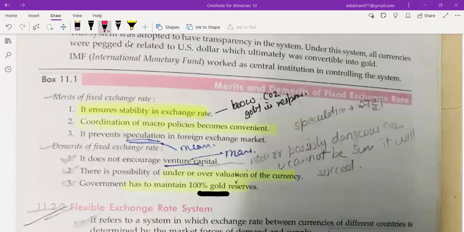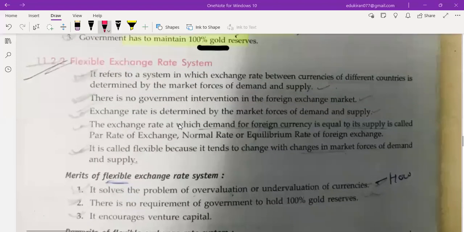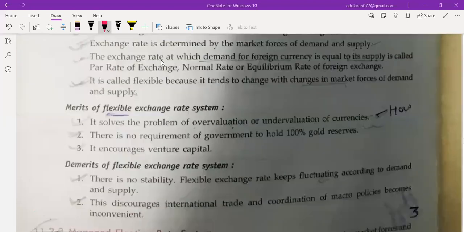Done, ma'am. Done, ma'am. Ma'am, both of us are done. Now merits and demerits of flexible. Okay. Yes.